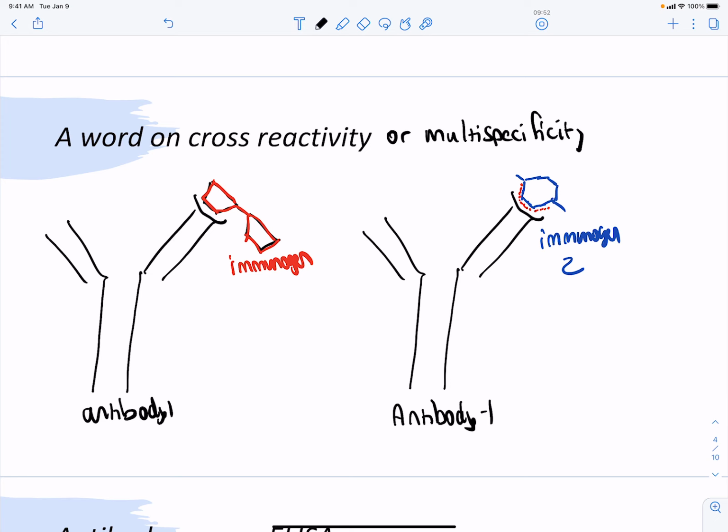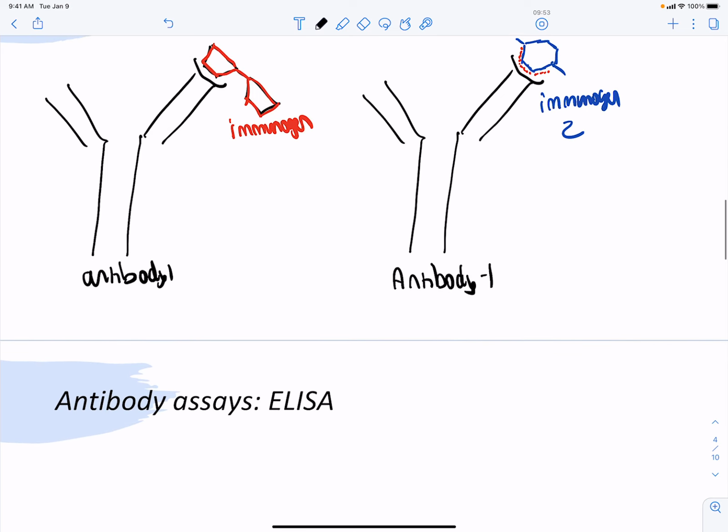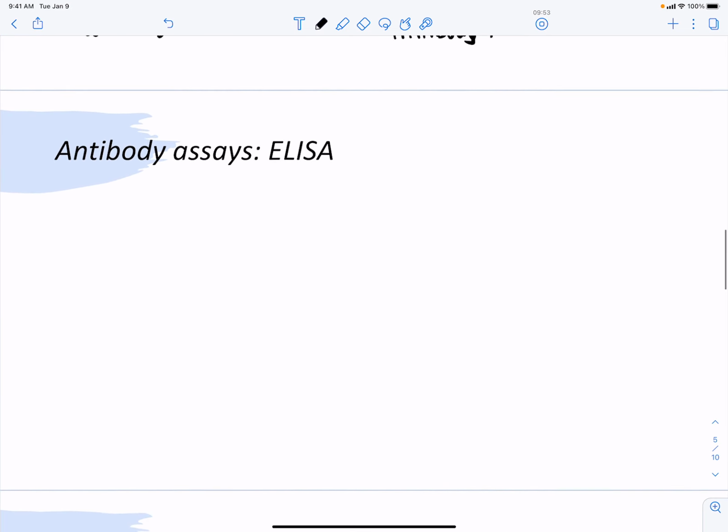Now, I just want to talk about how antibodies are going to be used for diagnostic tests. There are both qualitative and quantitative approaches to studying antibodies, or you can study antigens they target. One of the most common tests used for diagnostics is the ELISA. ELISA is enzyme-linked immunosorbent assay.